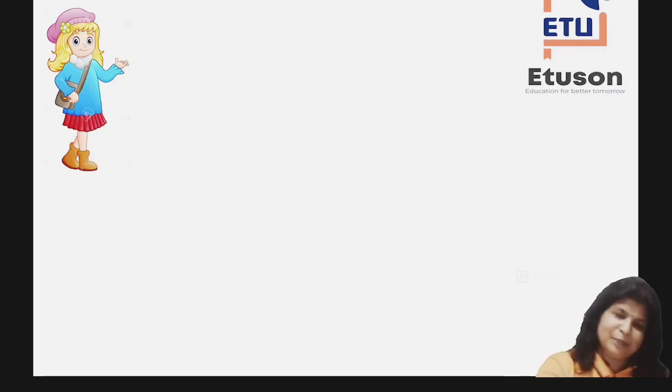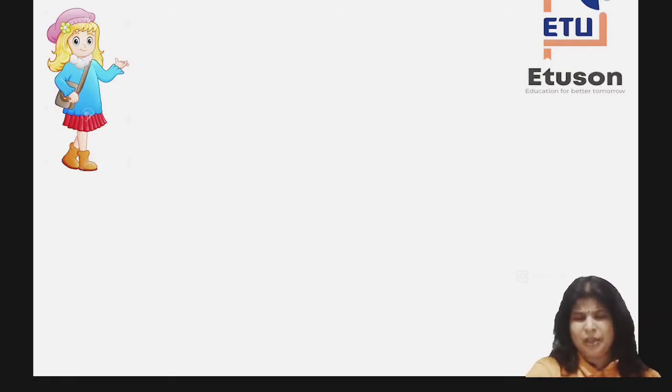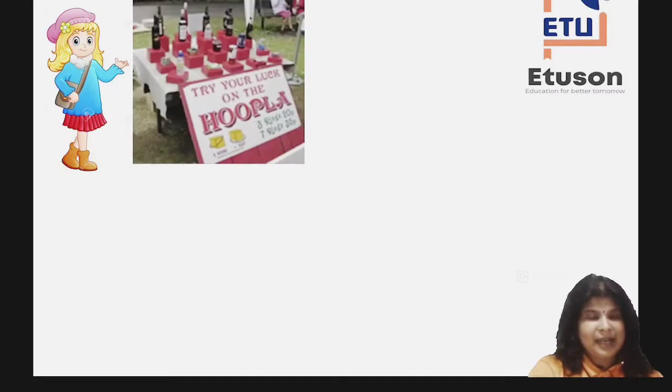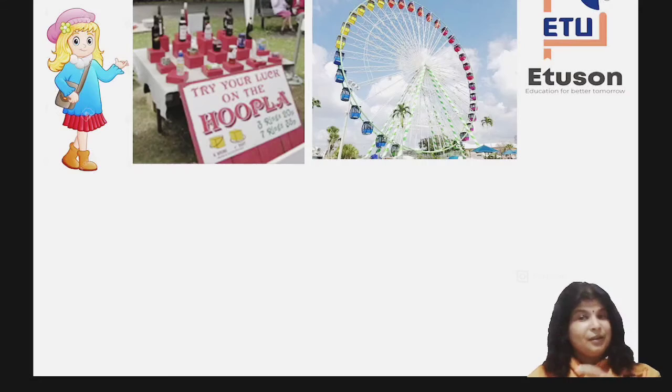You will get different types of games, rides, foods, etc. Now Akhila is interested to play the hoopla game and she is interested to go for the ride, that is the giant wheel. You know why I have taken this example? To make you understand that mathematics is everywhere. You have to feel it, understand the situation and implement the concept. Then it will be more interesting.